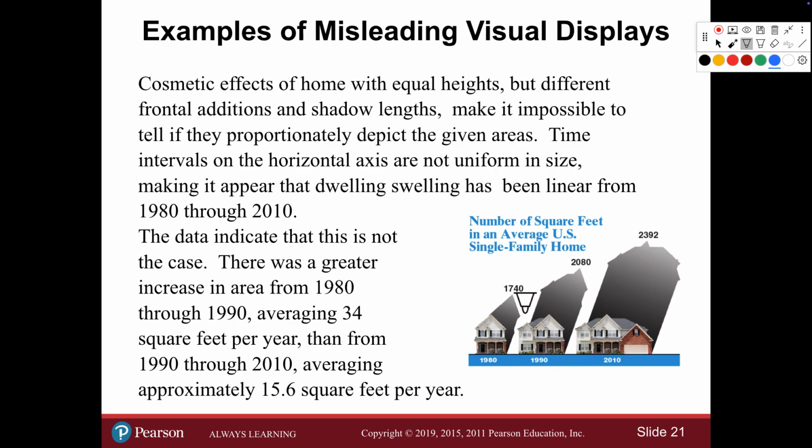But the problem with this one is it's not just these top parts. They've also widened this, and so it makes this look even larger of a difference because you're getting area, which is squared. So you're squaring the difference, and it gives an impression of a greater difference than if you were just looking at the numbers themselves.